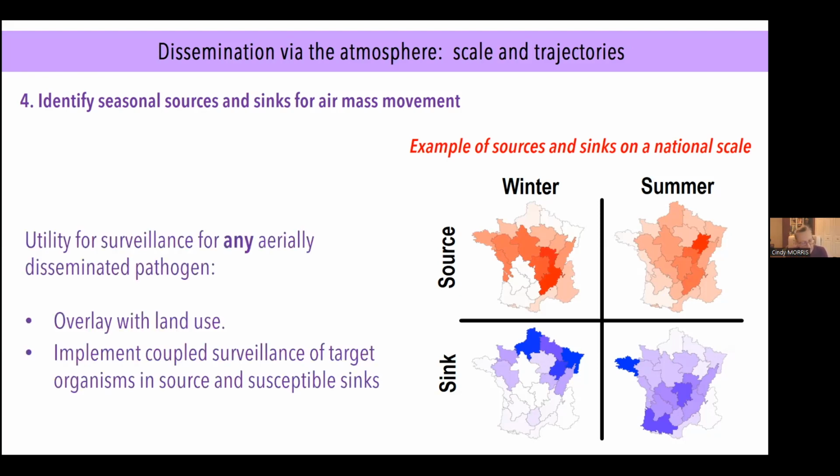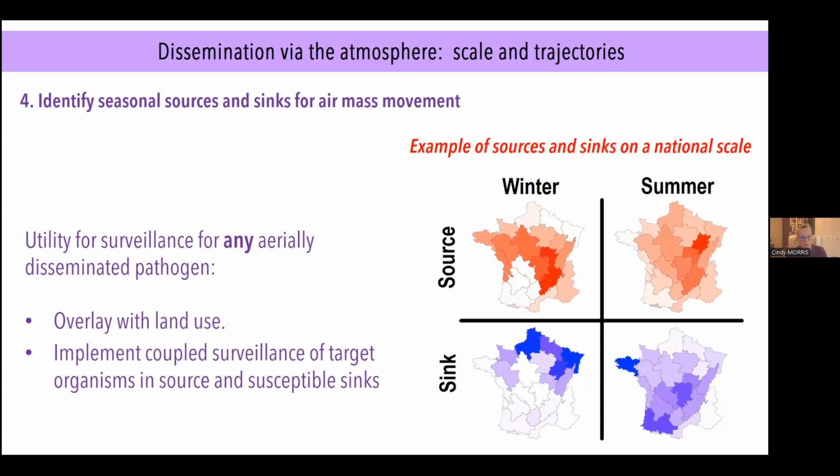Although we were asking questions for Pseudomonas syringae, all microbes that are transmitted long distance in the air are moved passively. They depend on these atmospheric highways. So this is a tool that could be used for developing surveillance procedures for any airborne disseminated pathogen or small insect.